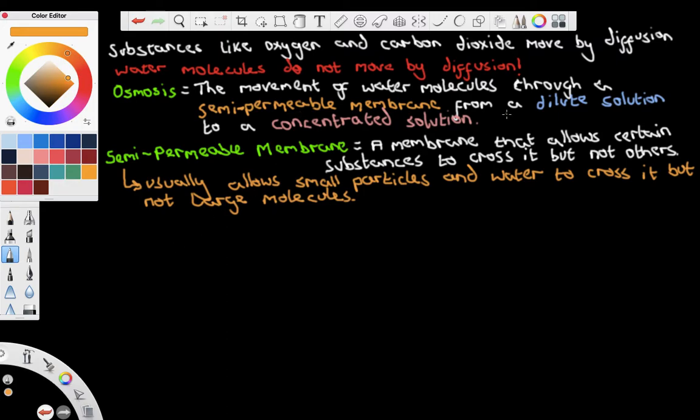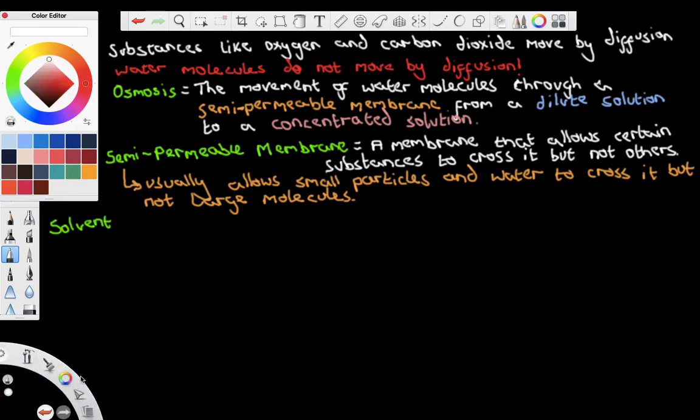Before we think about what a dilute solution and a concentrated solution is, we need to think about two other keywords. The first keyword is a solvent. S-O-L-V-E-N-T. Solvent.